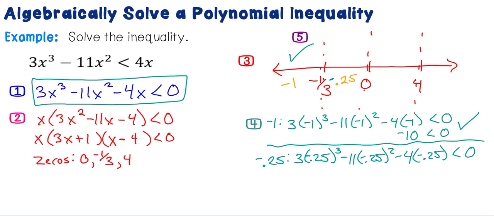Is it less than 0? And when I get to my answer, I end up with 17/64, or in decimal, it's a positive number. Is that less than 0? No. So this section is not included as a solution in the interval.